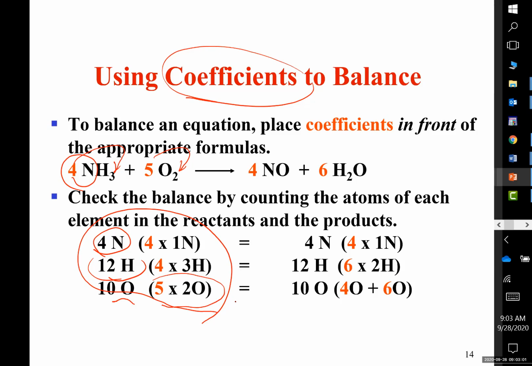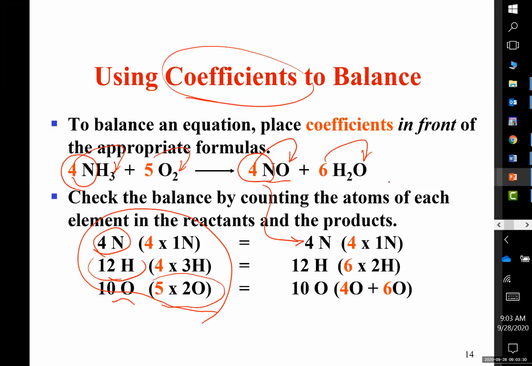Let's look at the product, then we can decide whether this chemical equation is balanced or not. In 4NO, we have 4 nitrogens, yes? And can I say 4 oxygens? Four oxygens in 4NO. Do we have 6 oxygens in 6 water?